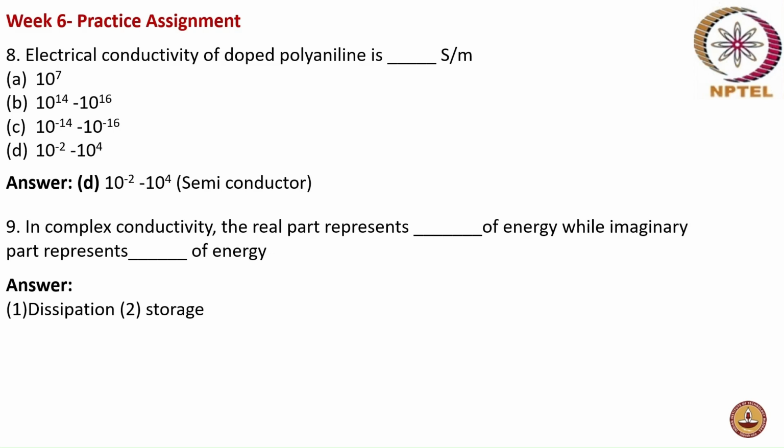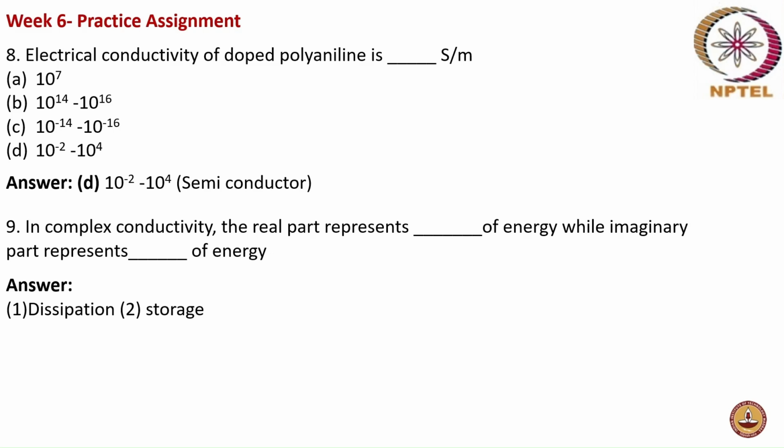That means there is some polar dipole orientation, which is in a way a storage of electrical energy. Since it is conductive, the real part represents the flow of electrons or charged ions, so it is dissipation when there is a flow.